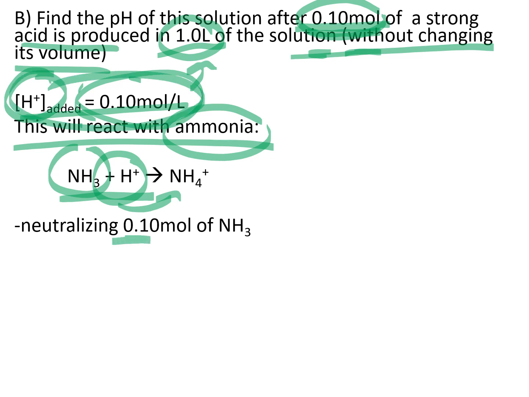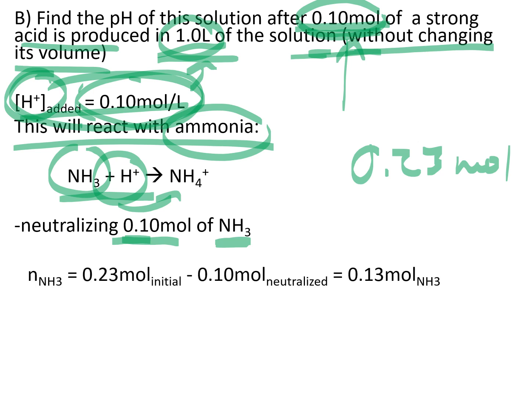Remember, we have 0.23 moles, assuming 1 liter of the stuff, of this ammonia, so we could neutralize up to 0.23 moles of the hydrogen ions. We're only using 0.1 moles of it because there's only 0.1 moles of hydrogen ions. So of the 0.23 that we had, we're going to use up 0.1, and therefore there's going to be 0.13 moles of ammonia.